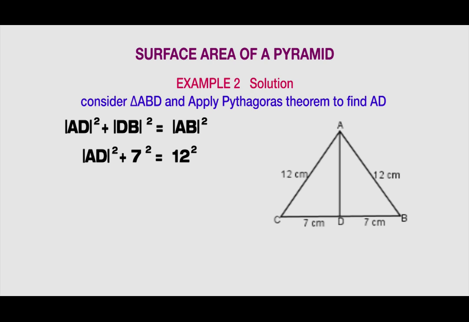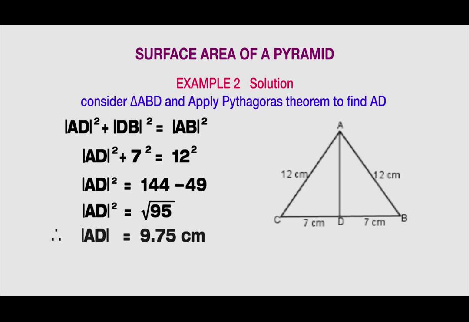And that will simplify to AD squared equals 144 minus 49. If we simplify this, we are going to have AD equals square root of 95. Therefore, our AD is equal to 9.75 centimeters.